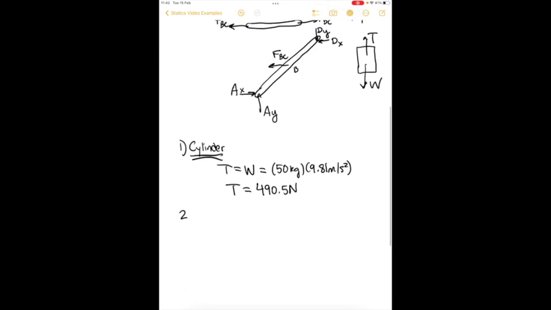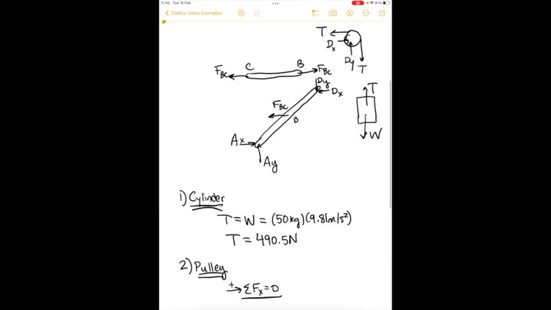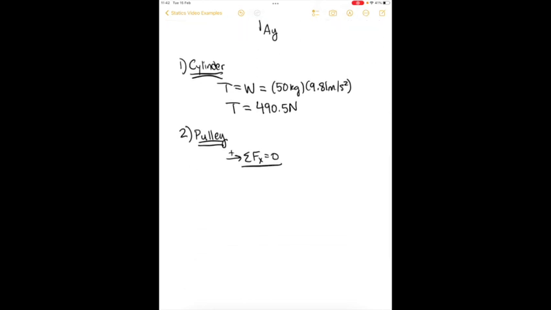Now we can move on to the pulley. Here we're going to start by summing the forces in the x direction. The pulley has the tension, which we know, and we can use that to solve for dx. So dx is equal to the tension, which we already know.